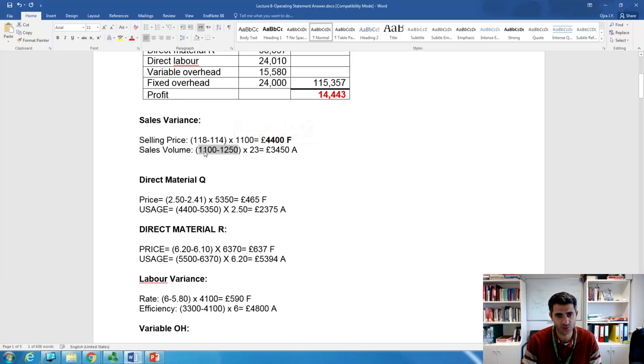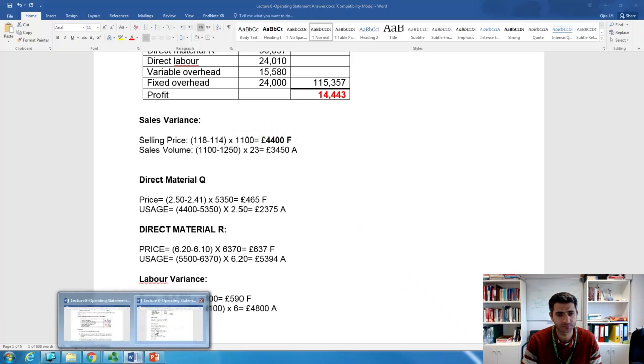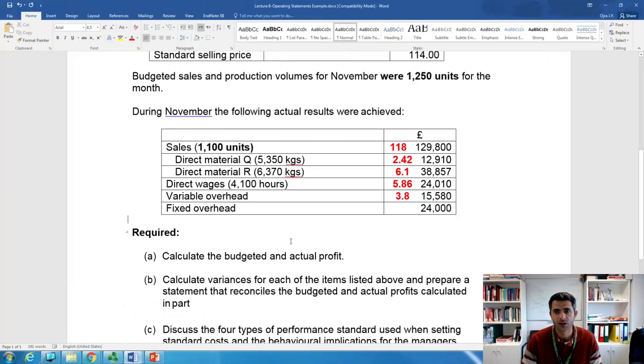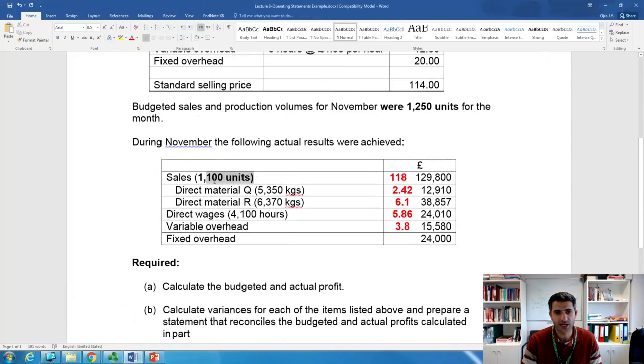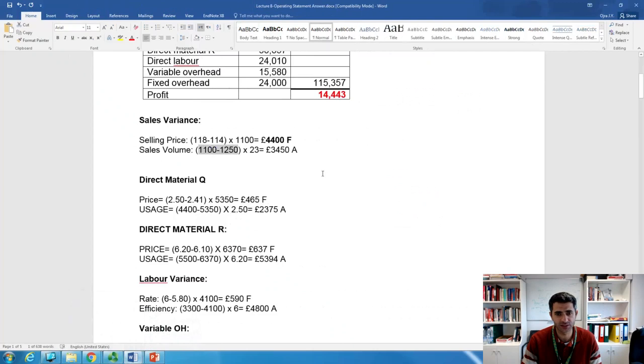So the actual sales units, which are in the question, 1,110, minus the budgeted sales units, 1,250 units, isn't it? That's fine. And then you multiply, according to the formula, by the standard profit margin. And the standard profit margin is 23 pound.